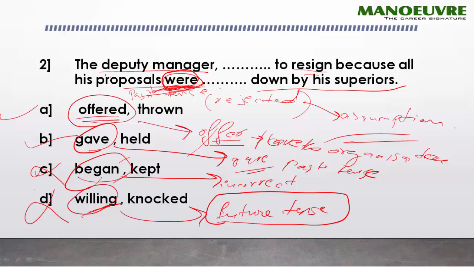Now as I said, a resignation or something that shows the leaving of an organization is never offered. Correct? Yes, it can be given, and also gave has its own past participle mentioned over here, gave, right? And held is again a past tense.